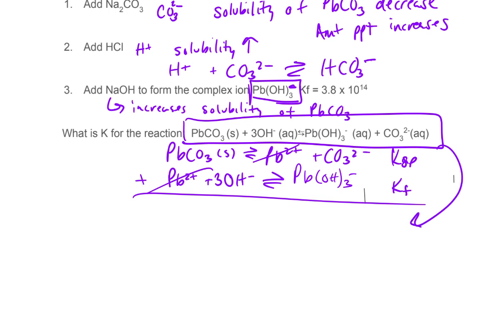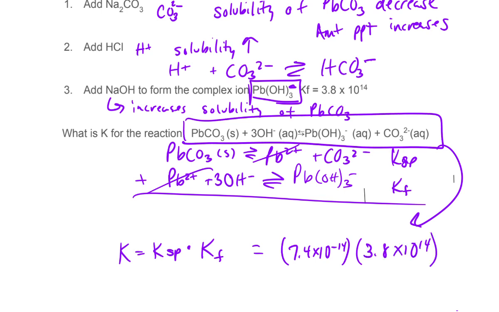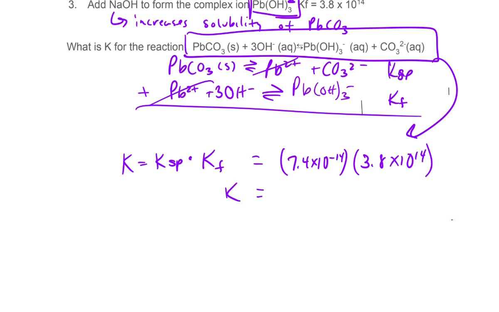I'm not going to rewrite it, but then we can calculate a new equilibrium constant, K, and that's simply the KSP times the K sub F. In doing so, our KSP is 7.4 times 10 to the minus 14, and KF is 3.8 times 10 to the 14. And so we'll end up with a new K of 28. Questions on that?